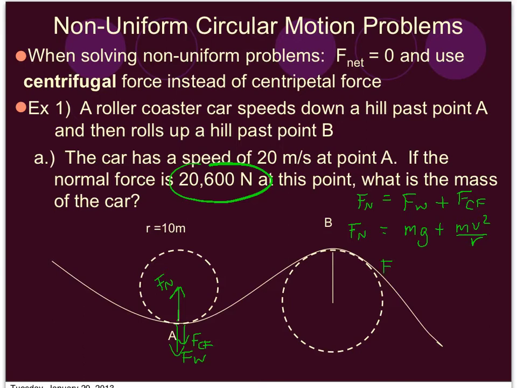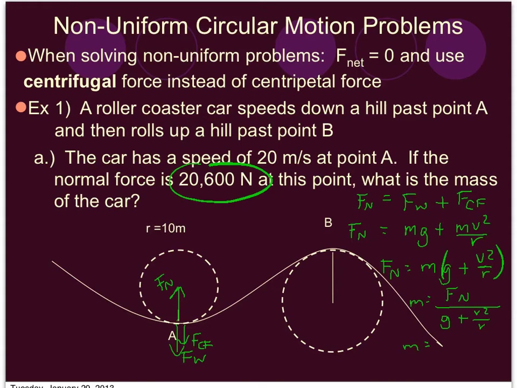So what I'm going to do is factor out the mass, which is going to leave me with the quantity of g plus v squared over r. And I need to solve for mass, so I'm going to divide each side by that quantity of g plus v squared over r. So it's going to leave me with normal force divided by g plus v squared over r.